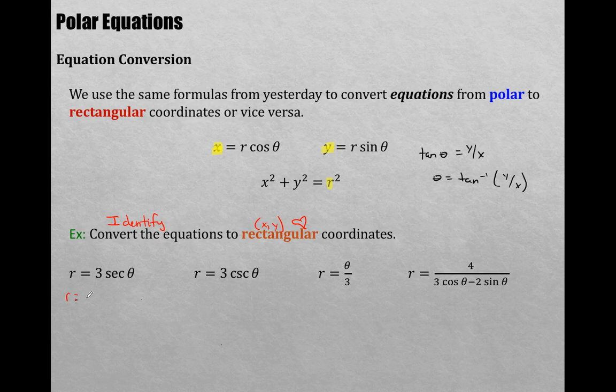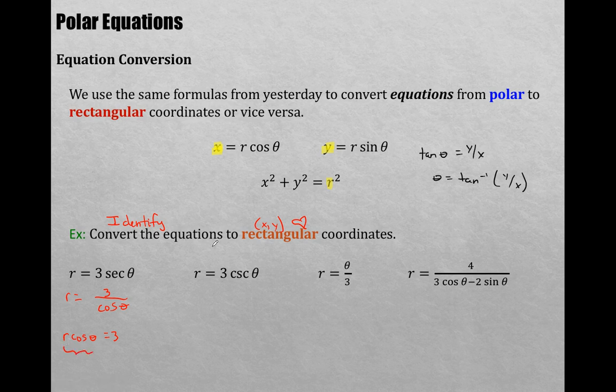The first thing I think is I'm not really psyched about secant, so I use an identity. Oh, hey, here is r times cosine theta. Can't I multiply both sides by cosine? What do you have now?